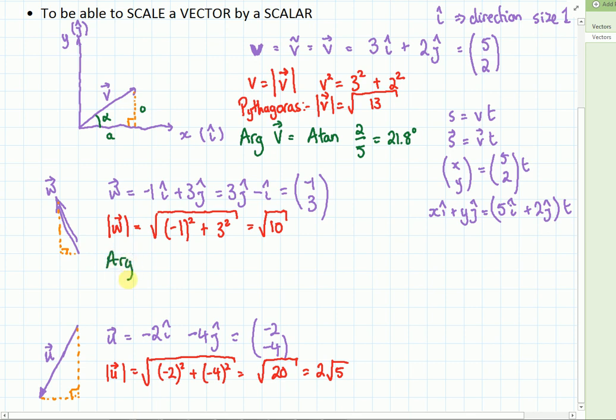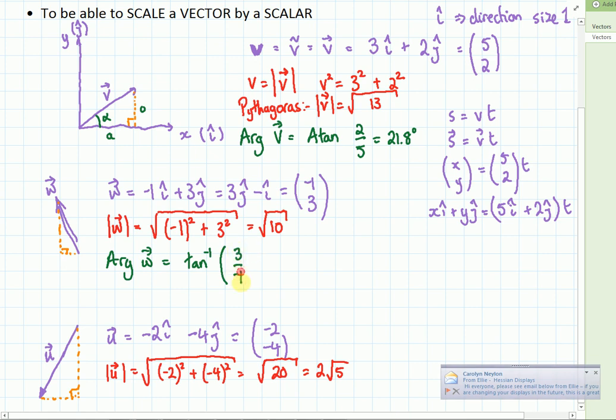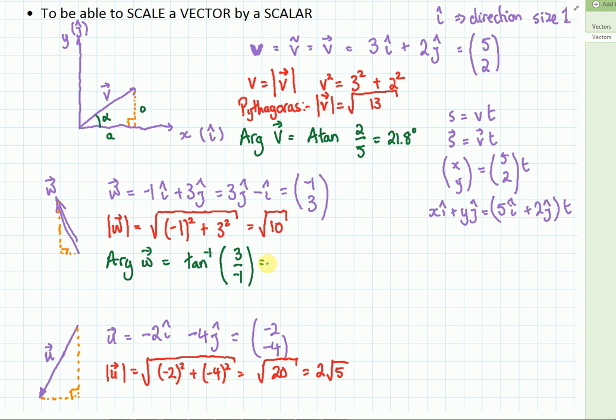So the arg of w is the tan minus 1, so I'm using tan minus 1 rather than arctan this time, of our y part divided by our x component. So our shift tan of 3 divided by minus 1, and that gives me a minus 71.5 degrees.